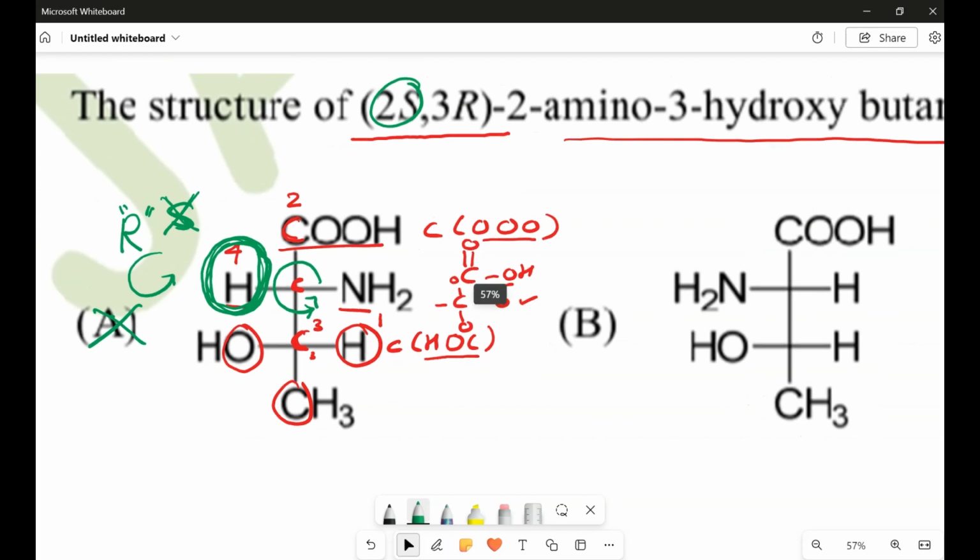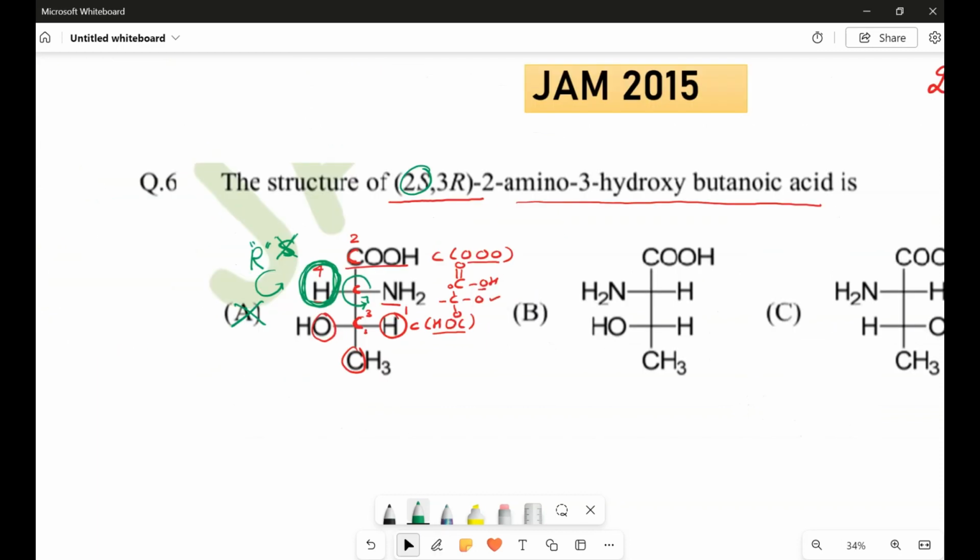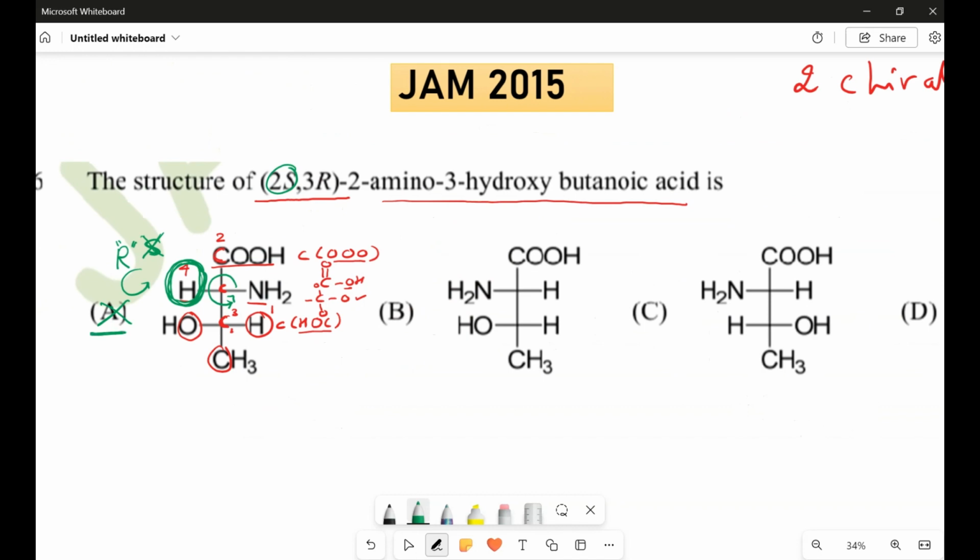Now you can see that compounds A and C are mirror images of each other.